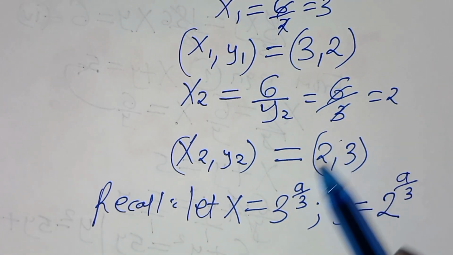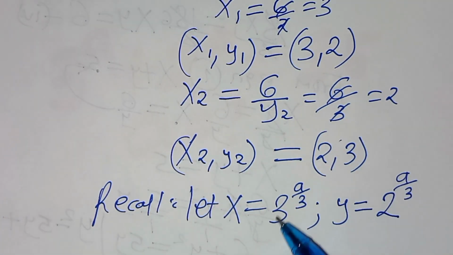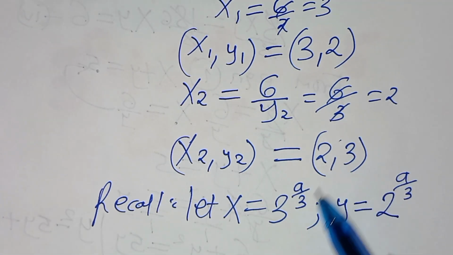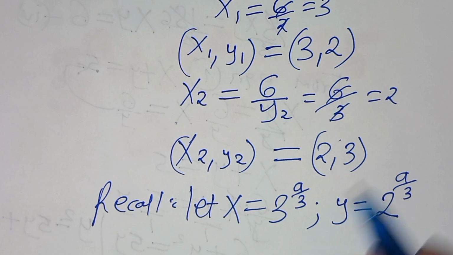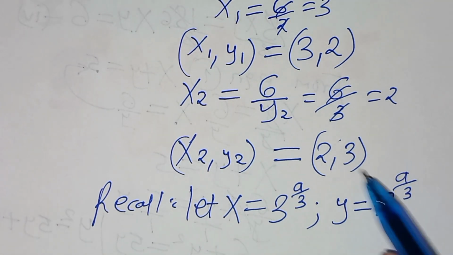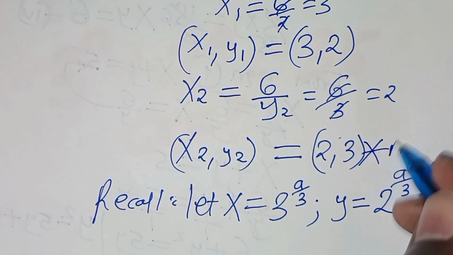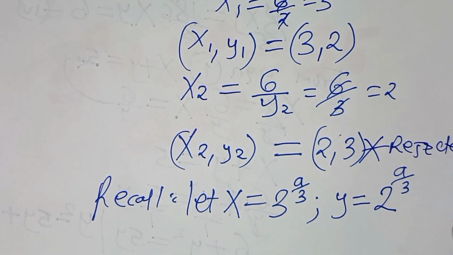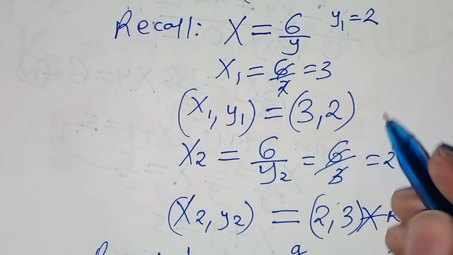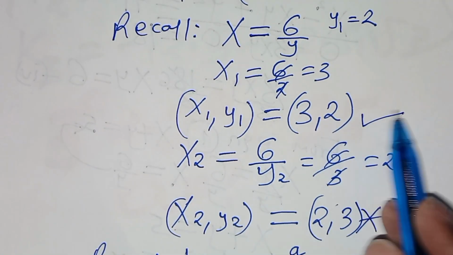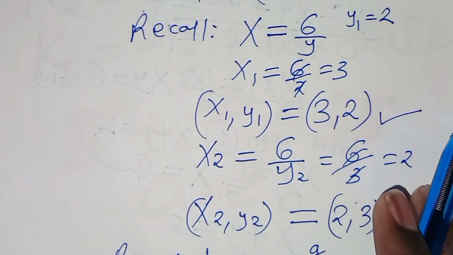If you check here, that is (x2, y2), 3 raised to the power a over 3 is equal to 2, which the bases will not be the same. And here on the y part, 2 raised to the power a over 3, if you equate to 3, the bases will not be the same here. So this part is rejected. So we reject this part, and that means we'll have one set of solutions here, which is (x1, y1).